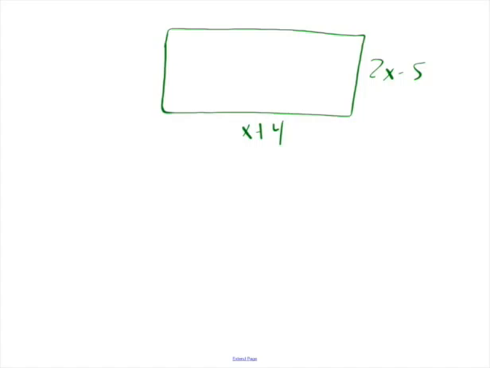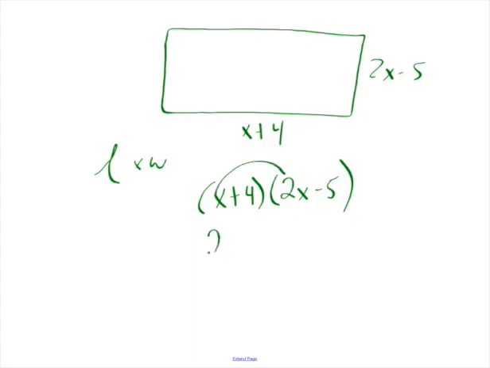Guys, remember your area of a rectangle, which you should know, is length times width. So we're going to have x plus 4 times 2x minus 5. And so to solve this problem, all you do is FOIL it. So we're going to take our first term. That's going to be 2x squared. We're going to take our outer terms, which is going to give us negative 5x.